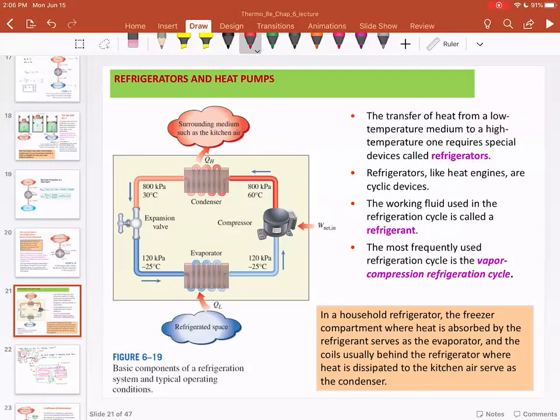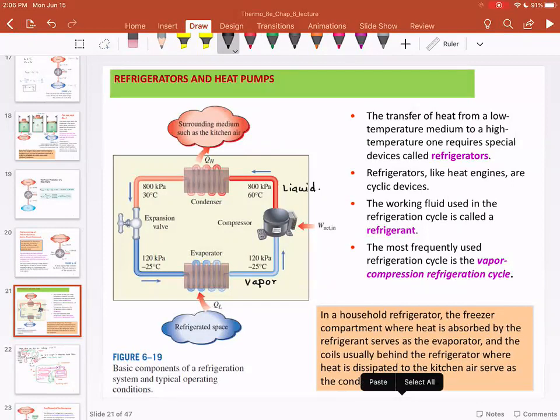This refrigerant vapor is compressed inside the compressor. I want you to understand this is vapor. This is compressed and this becomes liquid. So you have the vapor. That vapor is compressed.